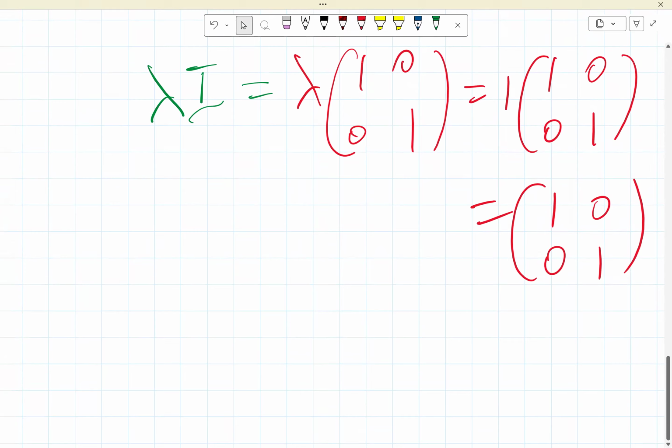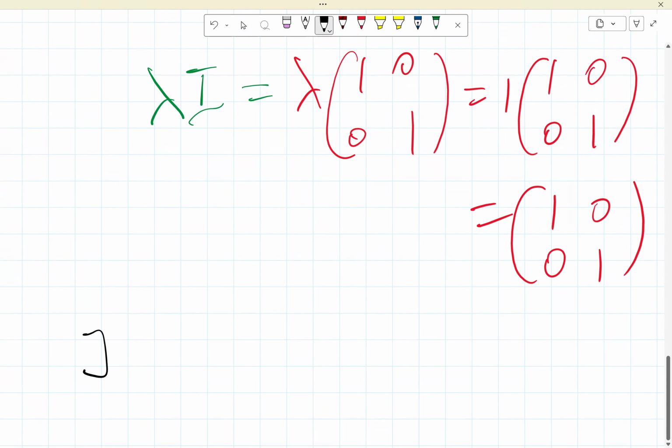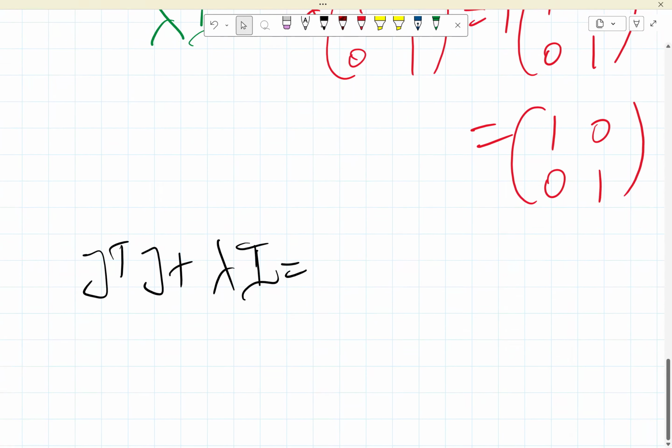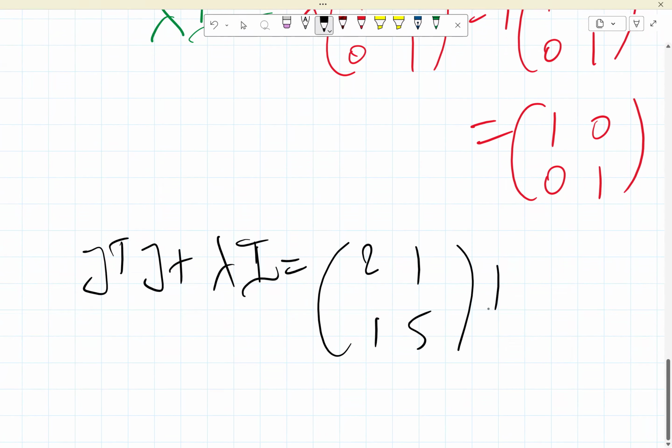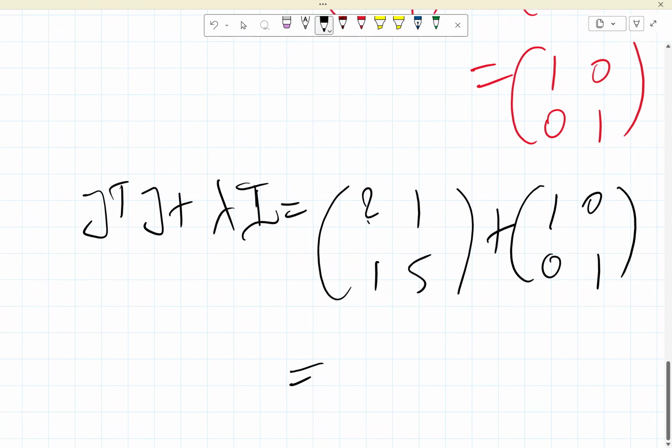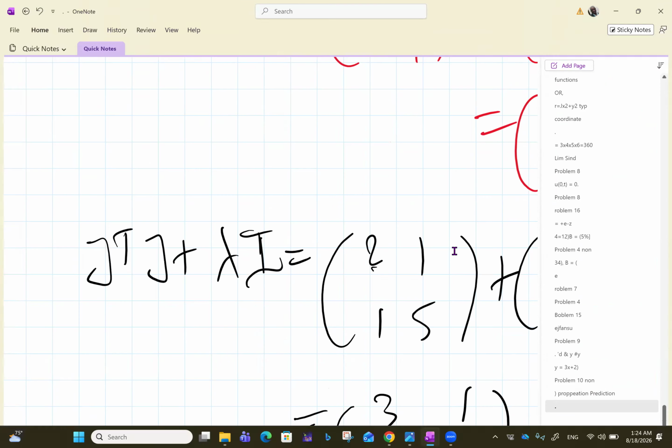And then J transpose J plus lambda I is equal to what we had, 2, 1, 1, 5 plus 1, 0, 0, 1, and that is equal to 2 plus 1, 3, 1 plus 0, 1, 1 plus 0, 1, then 5 plus 1, 6, like that.